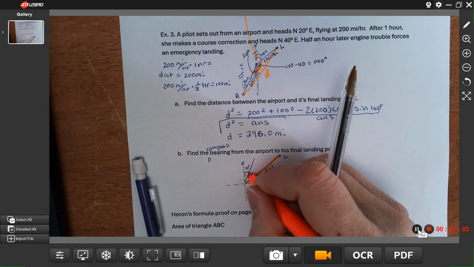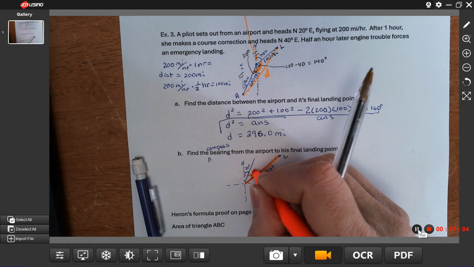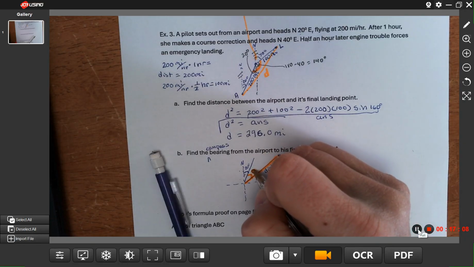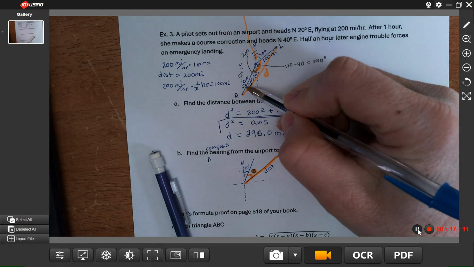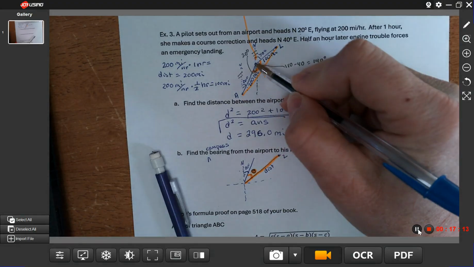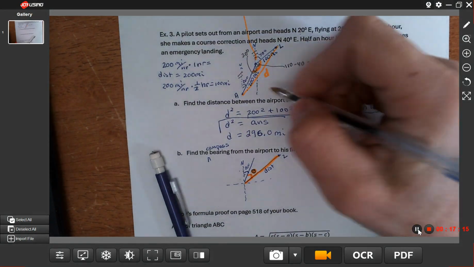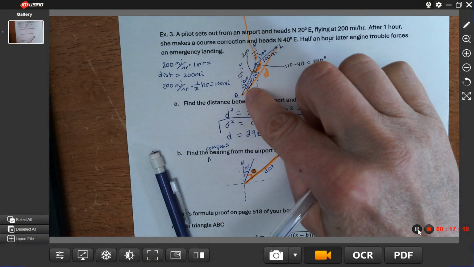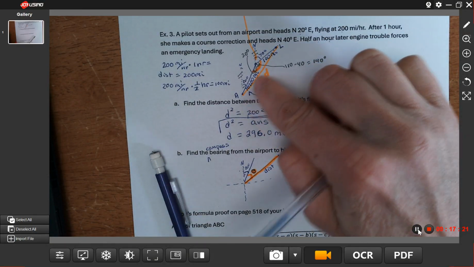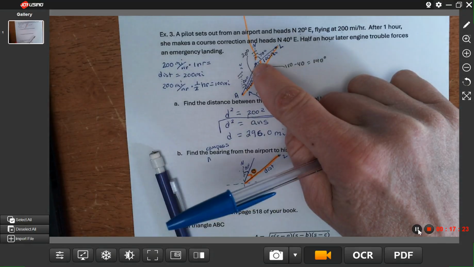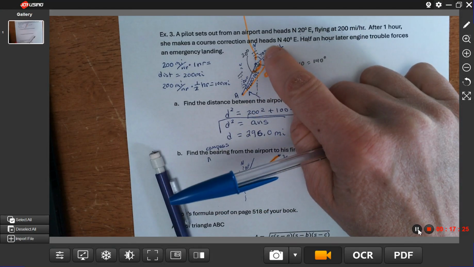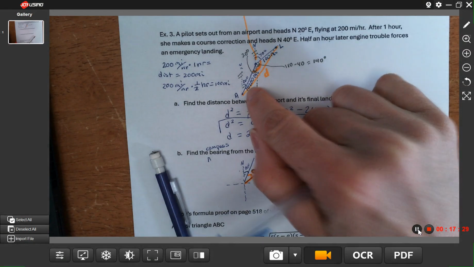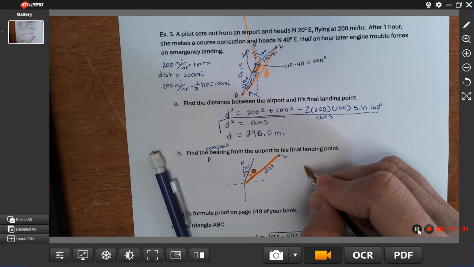So notice that this angle right here, I'll call it theta, is this angle in the triangle that we were working with before. So I've got a triangle where I know this angle and those two sides, and I'm missing an angle. So the law of sines will allow me to find theta.